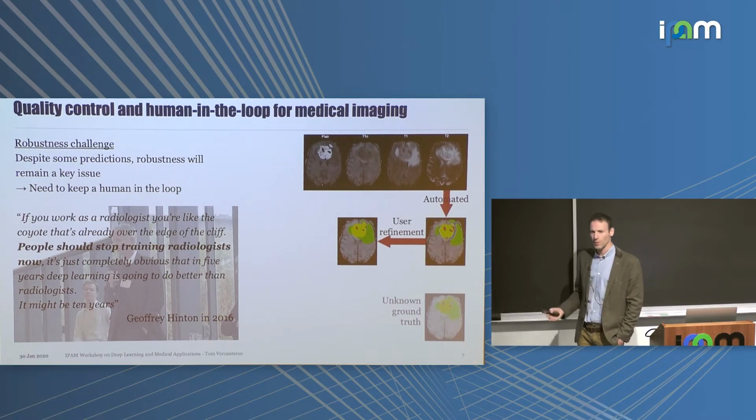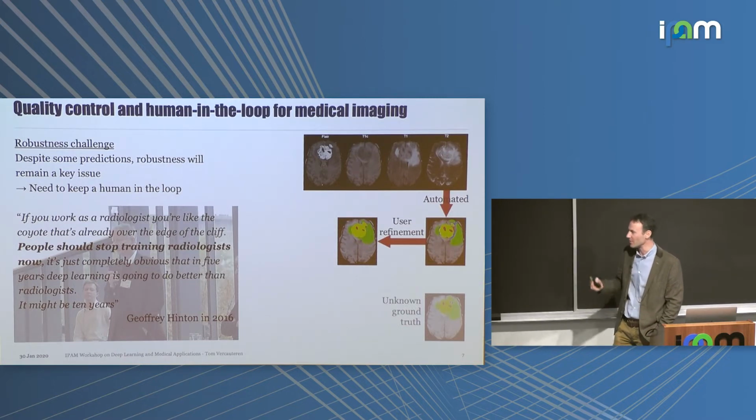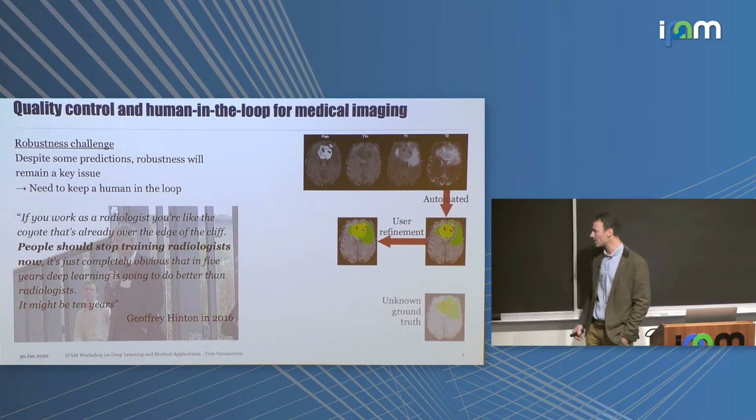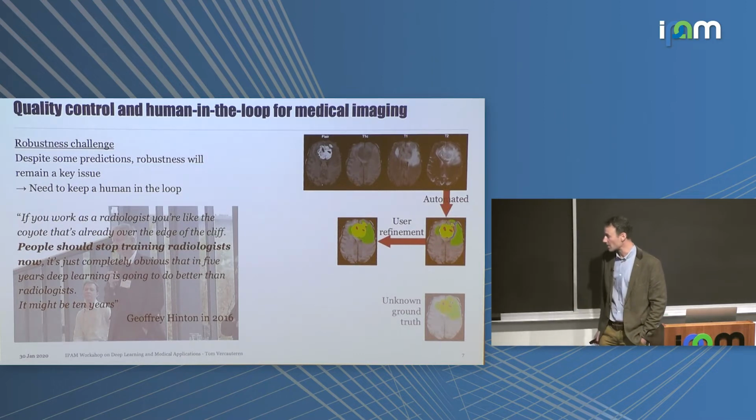Most of it is okay, but some of these might be off. What do we do? How do you correct this? And you don't want to redo all the manual annotations there. So can we think of ways of actually implementing user refinement at inference time so that we can deal with this, knowing that obviously we don't have the ground truth in these cases.